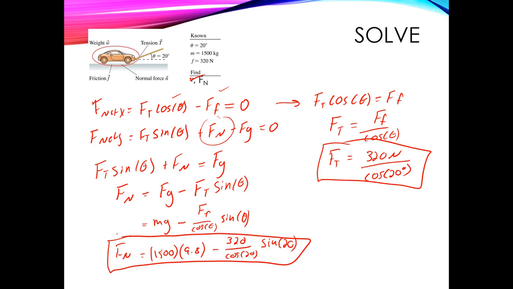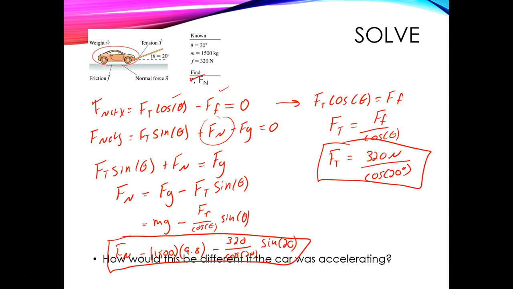Notice that our normal force, in this case, is going to be less than our weight, and that's because that tension force is also pulling up. So in order to have a balanced force, the force of tension plus the weight, or the force of gravity, must be equal to the normal force.